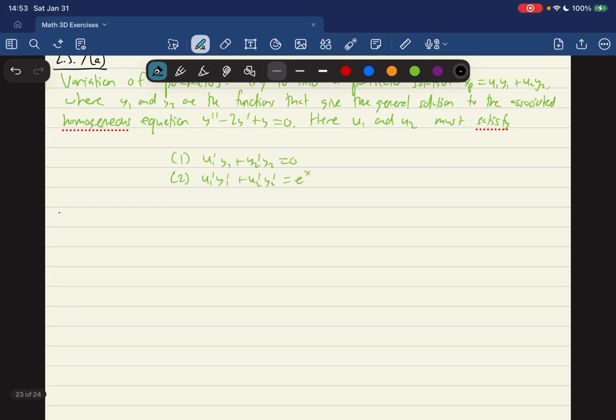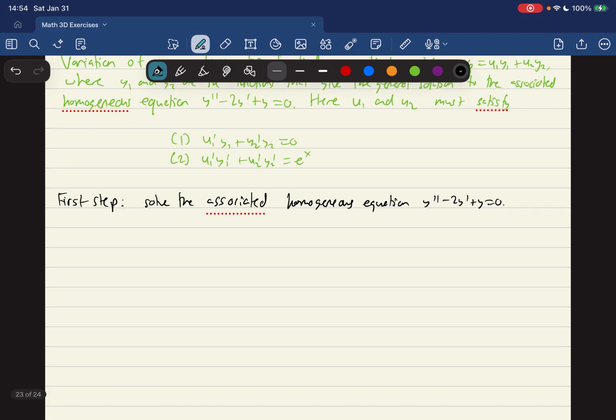First thing we're going to do is solve the associated homogeneous equation, which again in our case is y double prime minus 2y prime plus y equals 0. Now, using the methods we've already learned thus far, this is not so bad.